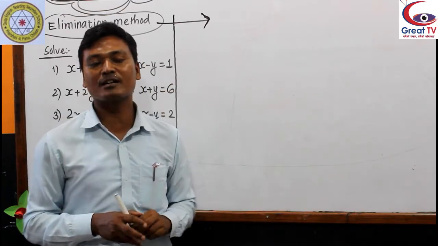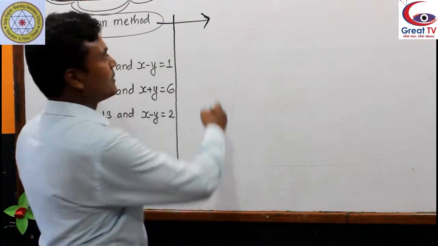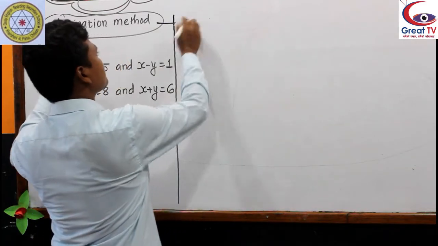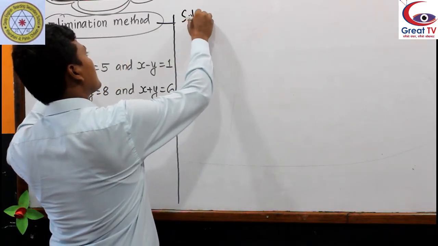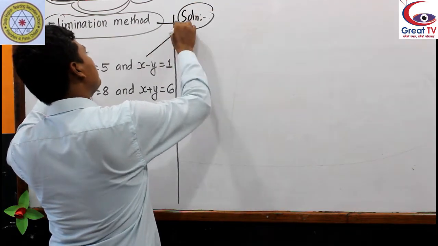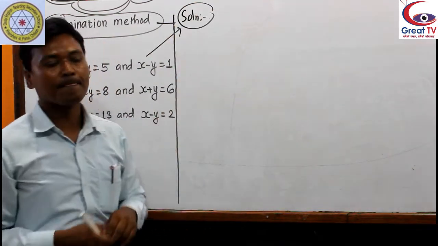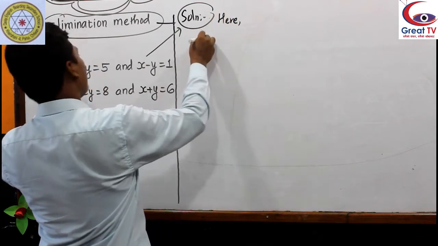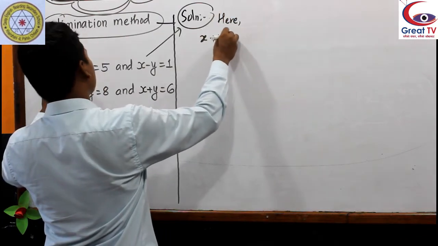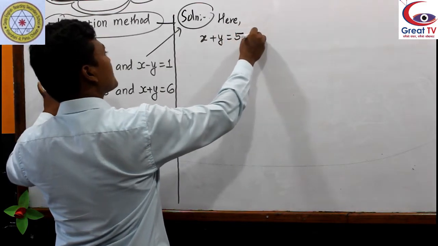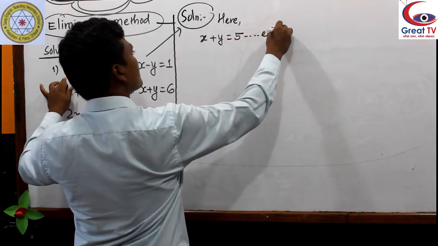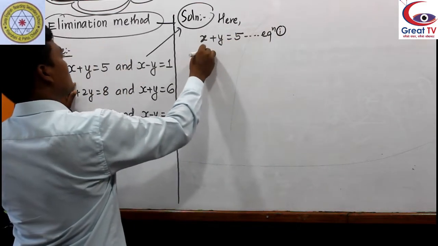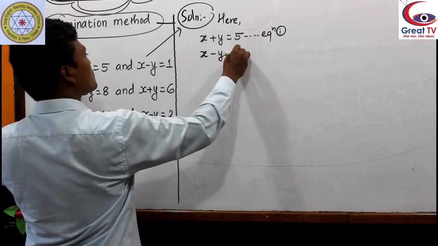Let us make it more clear with one example. Okay, here we have the first question. Its solution is twice. Solve, it says. Here we have first equation x plus y is equals to 5. Let us consider equation first. Second equation x minus y is equals to 1.